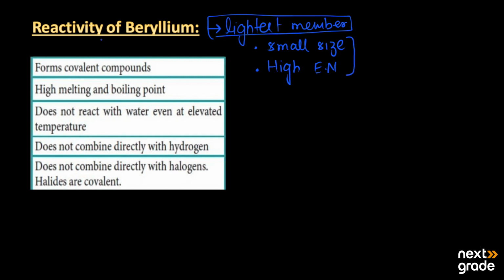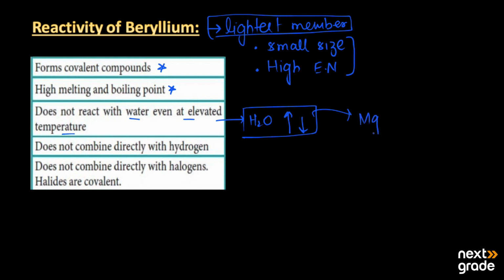For example, when we talk about its reactivity, it forms covalent complexes, but all the other elements do not form covalent complexes. It has high melting and boiling points. It does not react with water even at an elevated temperature. So it does not react with water whether we increase or decrease the temperature. This is the peculiar behavior, while all the other alkaline earth metals react with water.